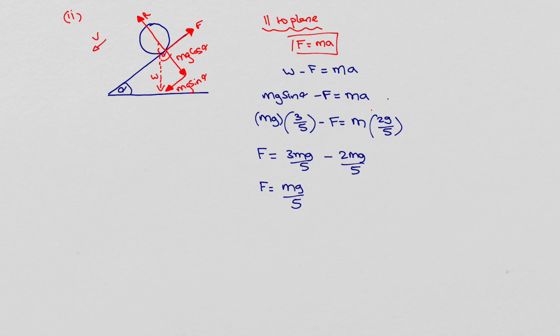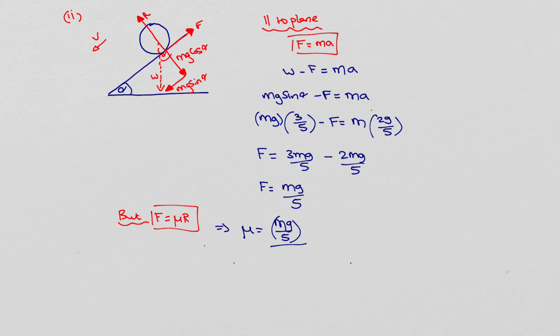But of course, we know that F is equal to mu times R. So what that means then is that mu must be equal to F, which is mg over 5, divided by my reaction force.